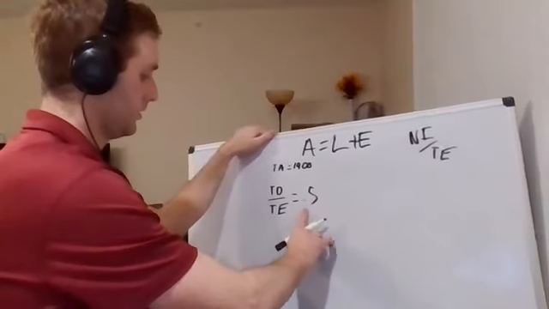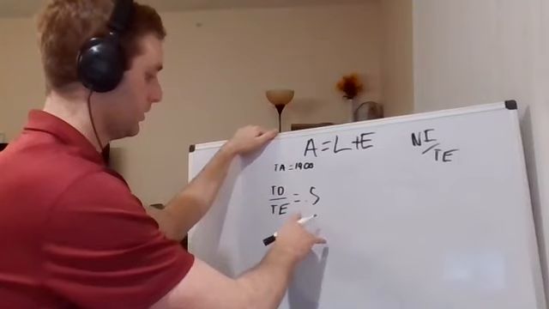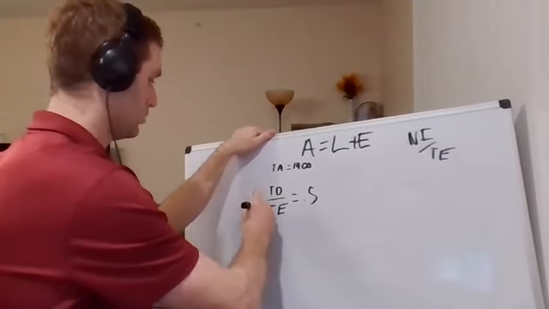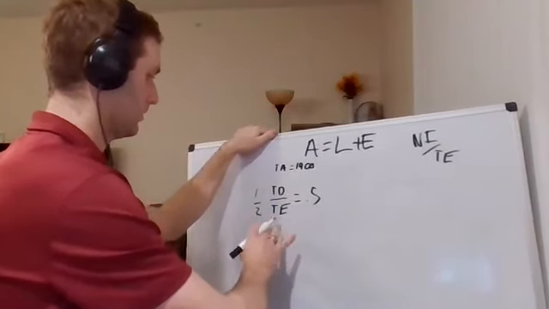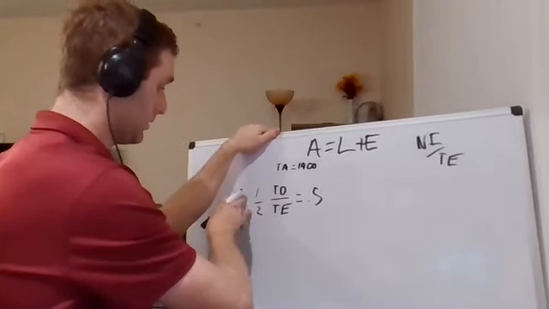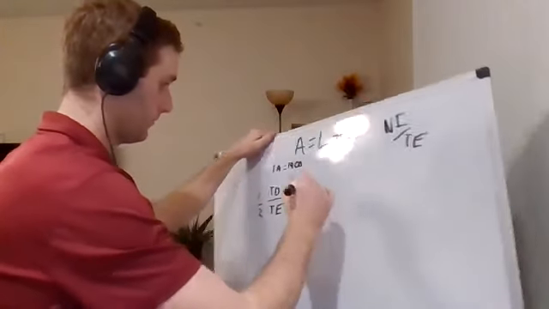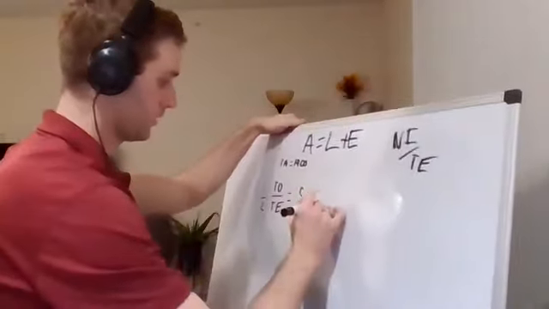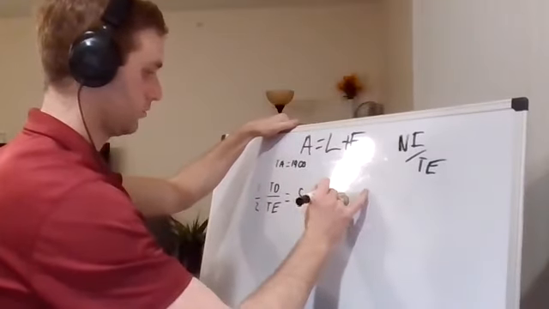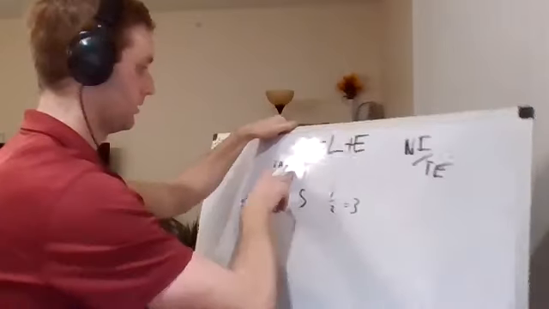I know this is 0.5, which tells me that this is 1/2, right? This number is our total assets, which is 3. So 1/2, again, this is liabilities to equity, equals 3.